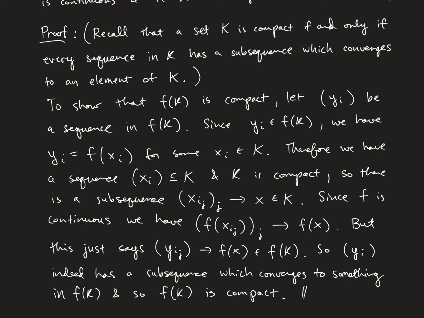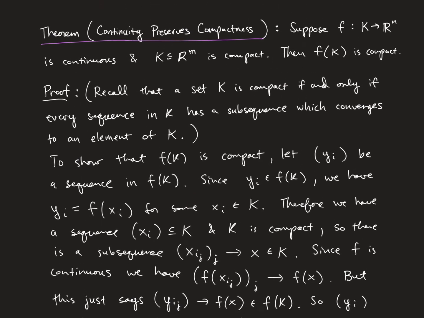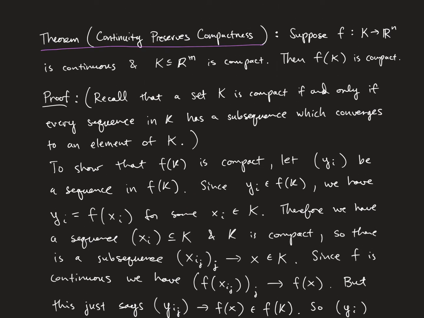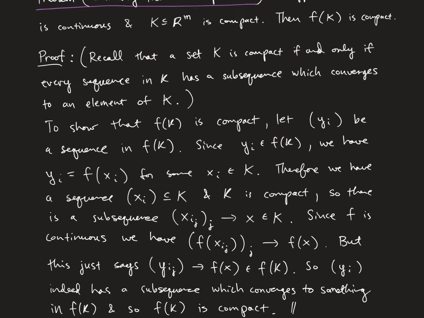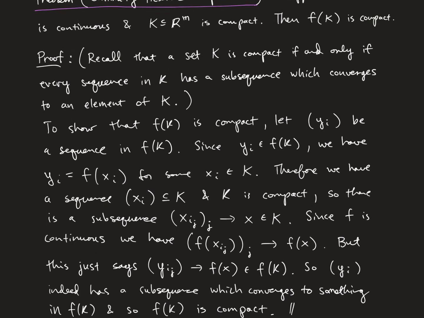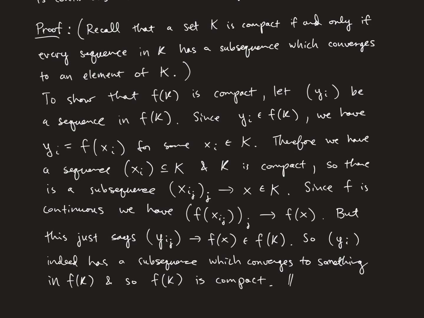Okay, relatively straightforward argument. Once you decide to use the sequential definition of compactness and the fact that a function sort of preserves convergence, or kind of commutes with convergence, that's more or less the proof. You write down the properties and it sort of just leads you by the nose, right?